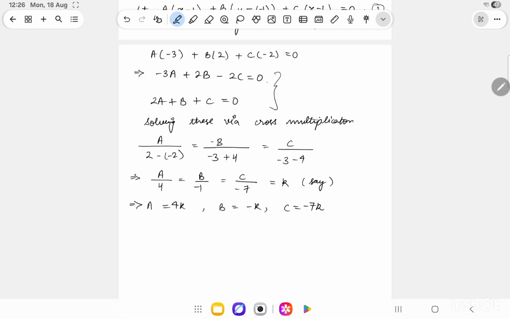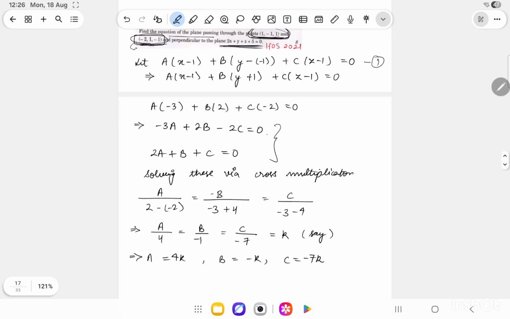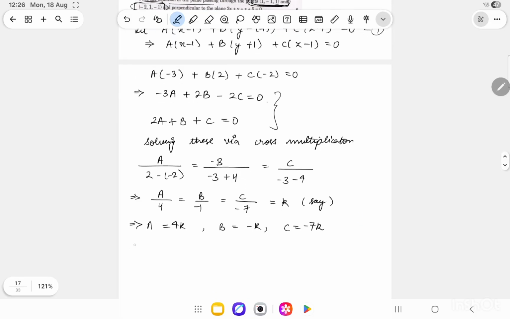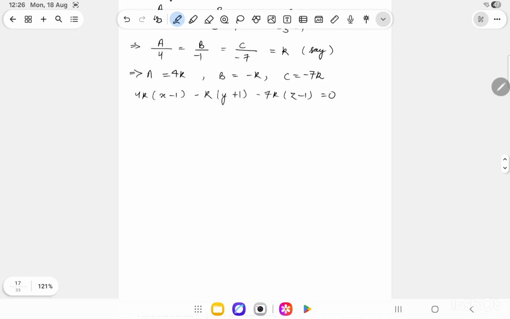So let us just substitute these values of A, B, C in equation number 1. So we'll get 4K into (x minus 1) minus K into (y plus 1) minus 7K into (z minus 1) equals to 0. So if we just simplify this equation, we'll get 4 into (x minus 1) minus (y plus 1) minus 7 into (z minus 1).